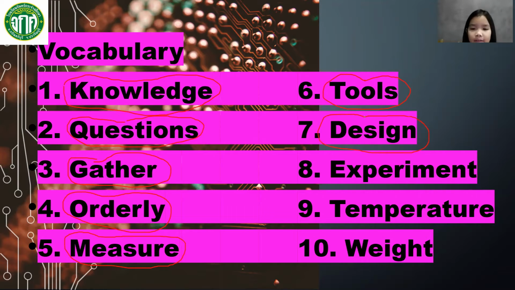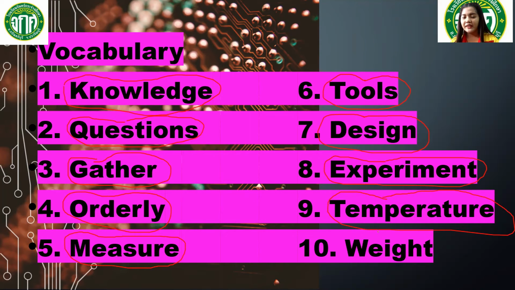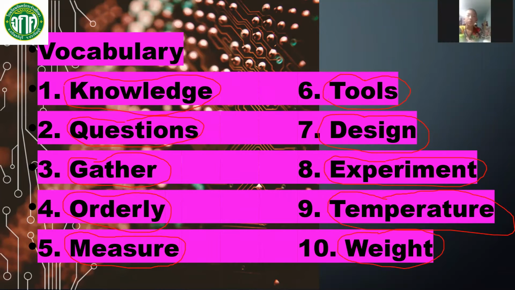Number 8, experiment. Number 9, temperature. Number 10, weight. Can you spell the word tools? T-O-O-L-S. Very good. So those are our 10 vocabulary words for this topic today.